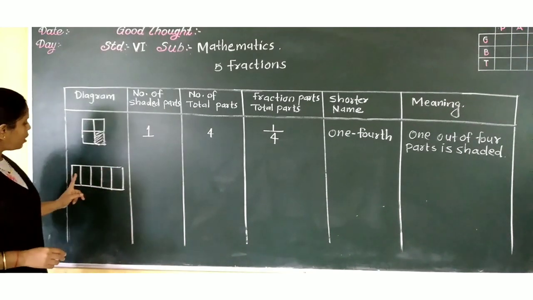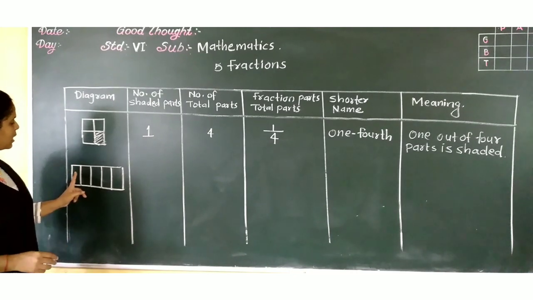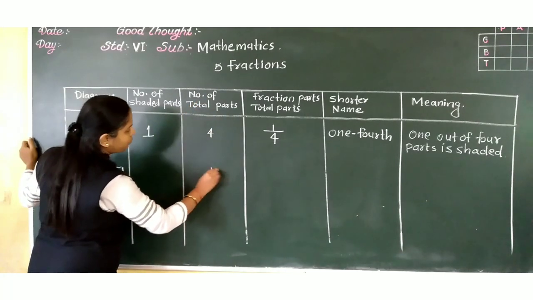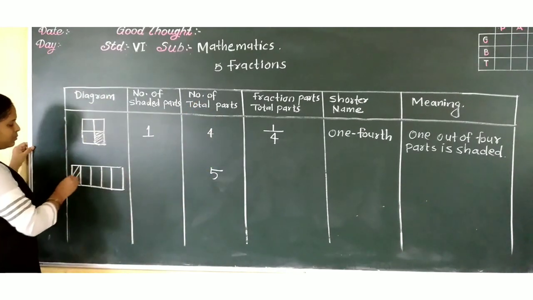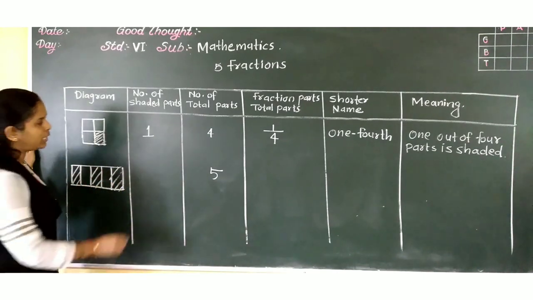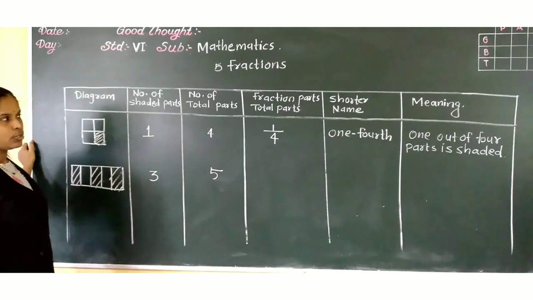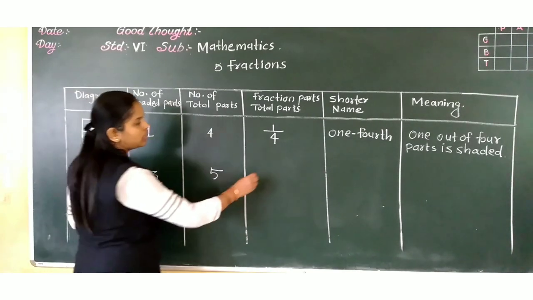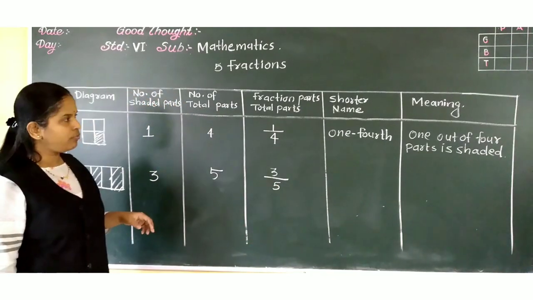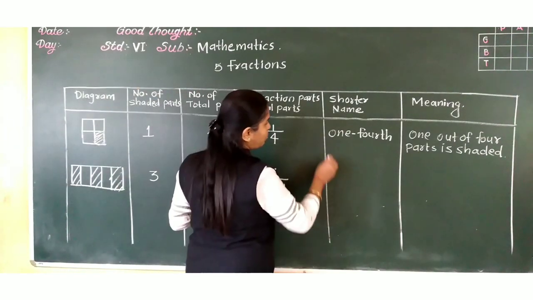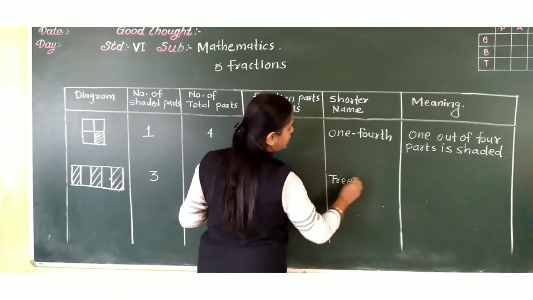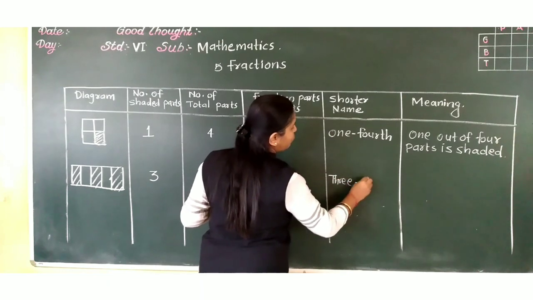Now next, see here, how many total parts are there? 1, 2, 3, 4, 5. Total number of parts are 5. In that, how many parts are shaded? 3. So what will be the fraction? Shaded part upon 5, that is 3 upon 5. What is the short name of this? 3/5.